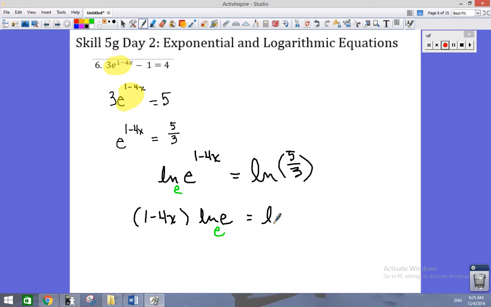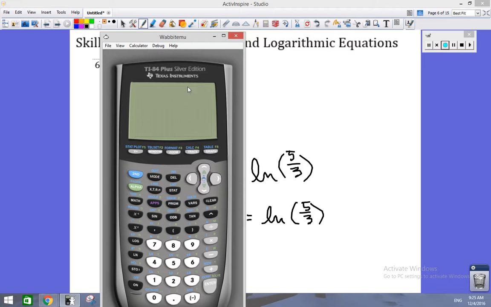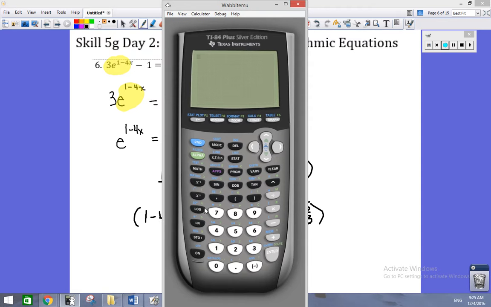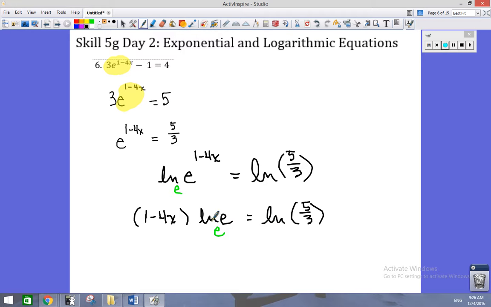And the calculator can even tell you that. You can even take the natural log of e, and you can see that it's 1. But anyway, hopefully you can just see that it's 1 just by looking at it.